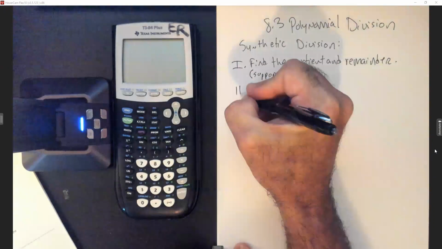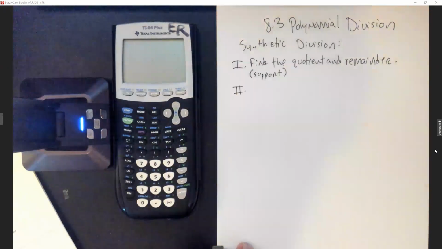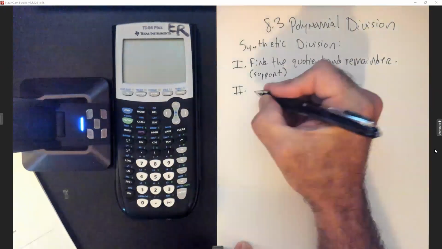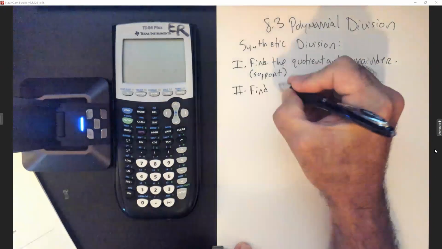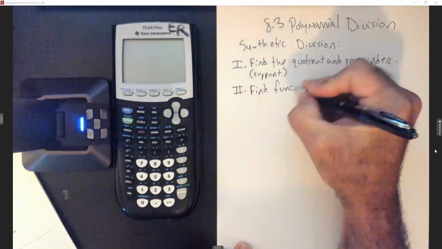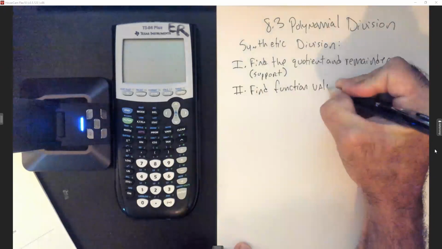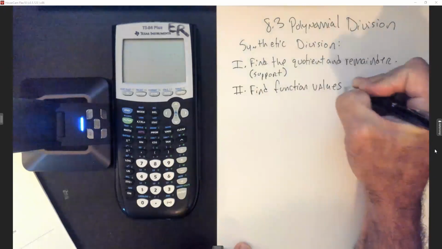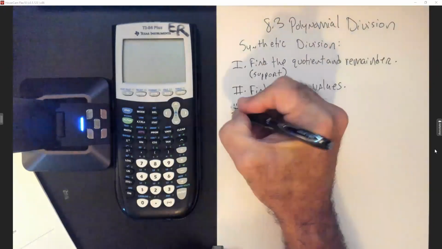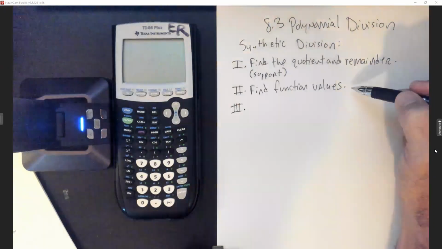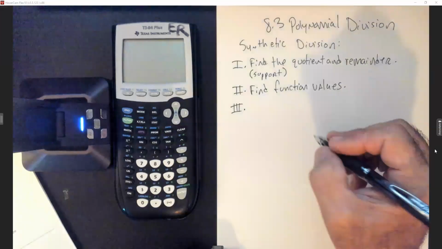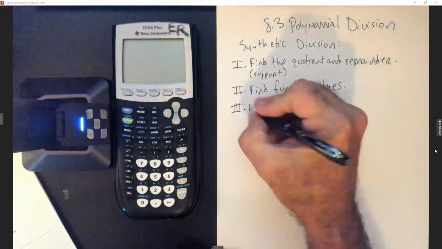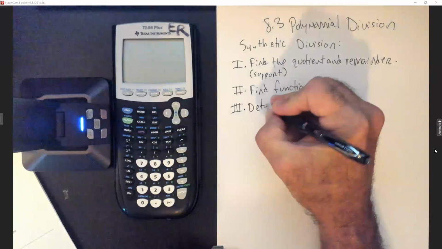Same thing I can use synthetic division for is to find function values. So we will do that in college algebra. And then last thing we can use it for is to determine if a number is a zero.